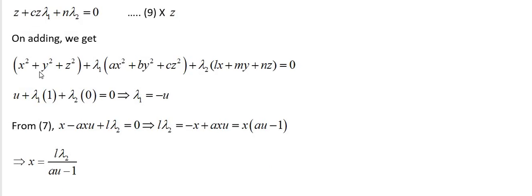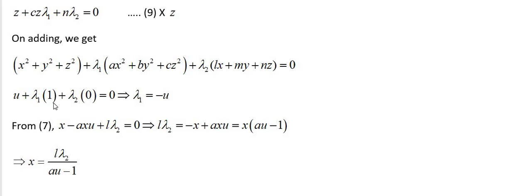Next, observe, x square plus y square plus z square is nothing but u, because at the starting itself we considered u equal to x square plus y square plus z square. Plus lambda 1 as it is. This value is given as 1, this value is 0. Substitute.